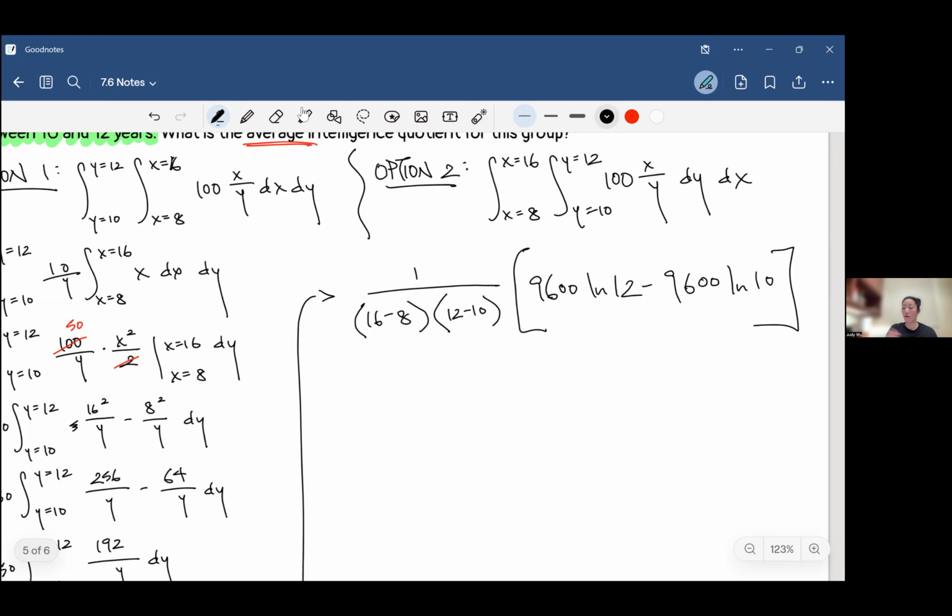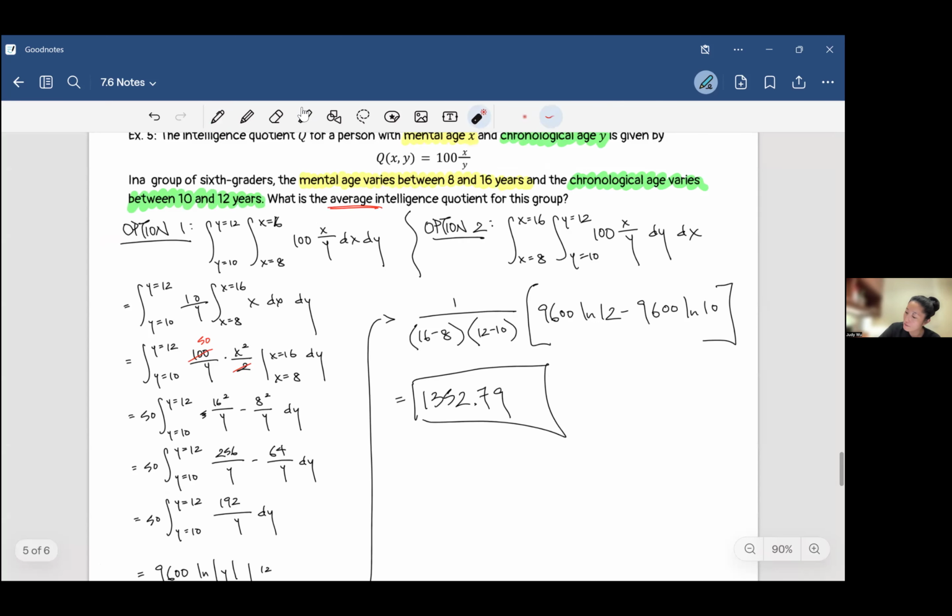And I'm going to dump that all into the calculator, and I'm going to round to 2 decimal places, okay? And when I do that, I get 1352.79. And this is the average intelligence quotient for this particular group.